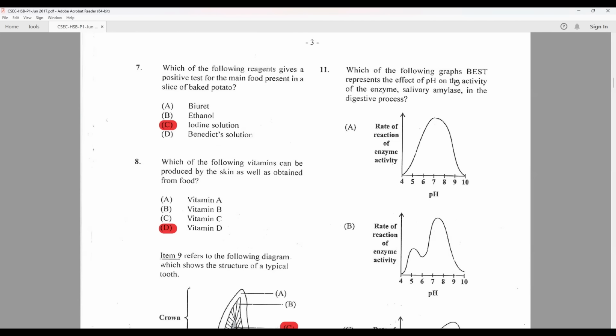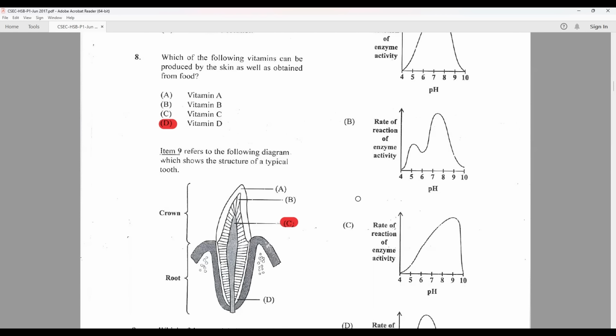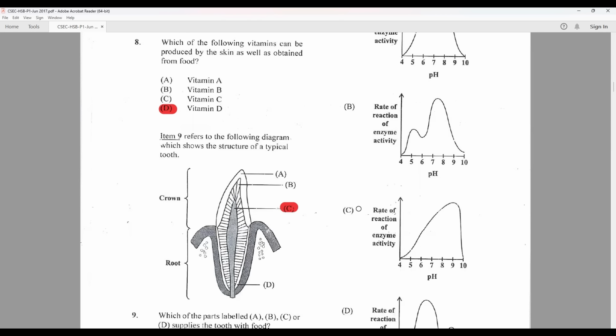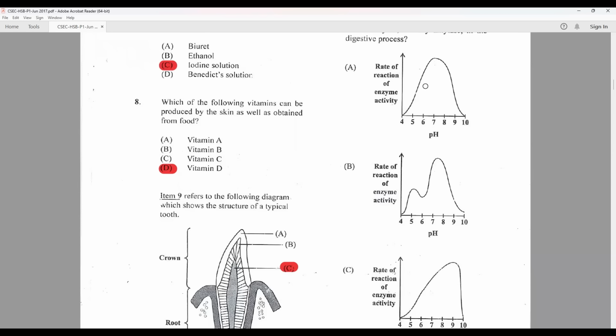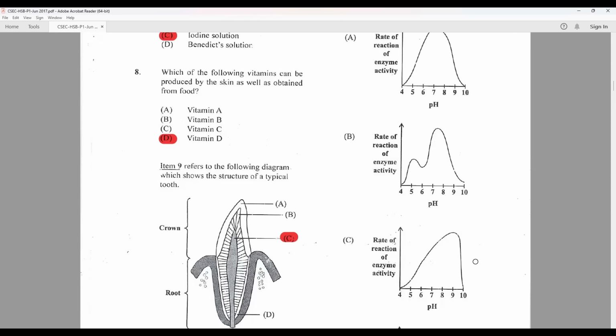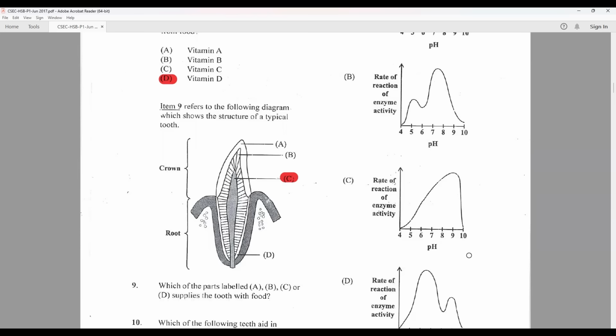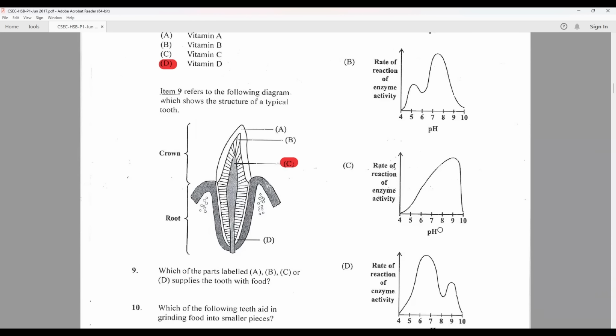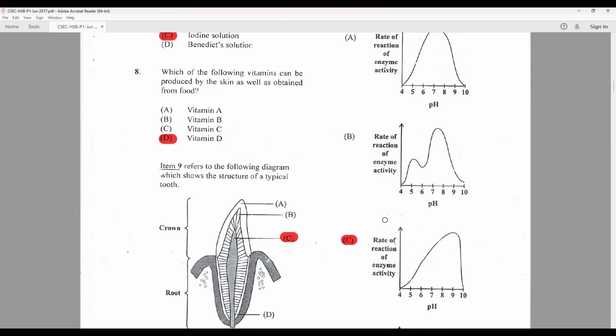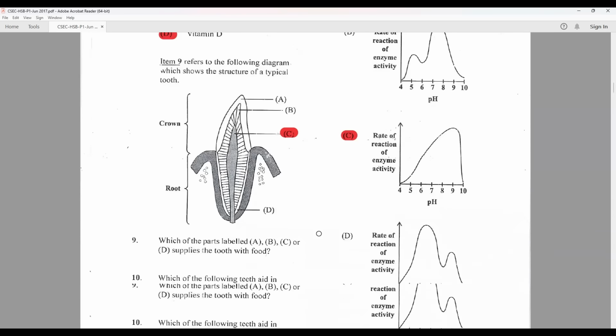So we are looking for one that gives a higher pH because the mouth is not acidic. So we are looking for the curve that is more leaning towards our right side, and we have C being the best choice for question 11.